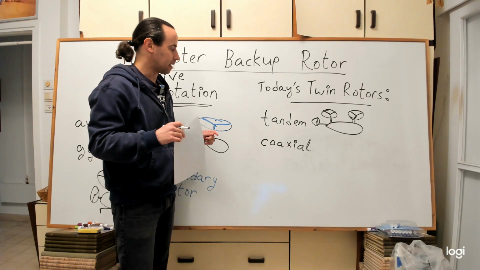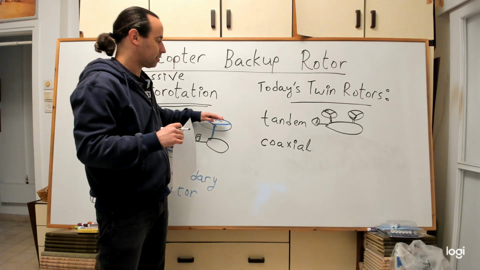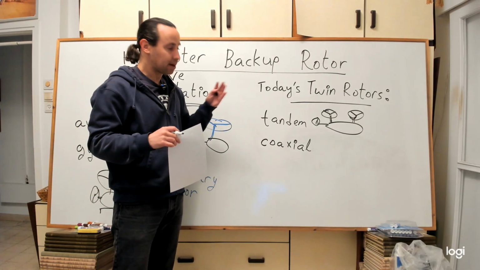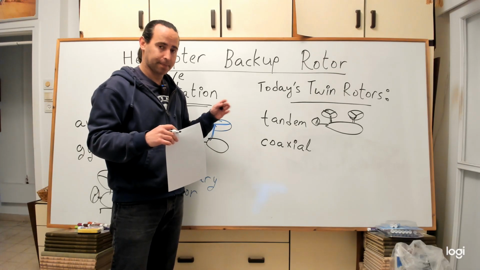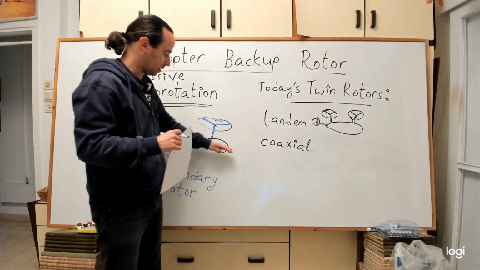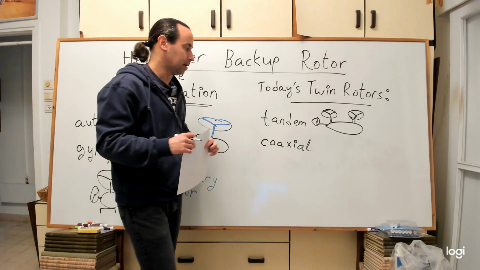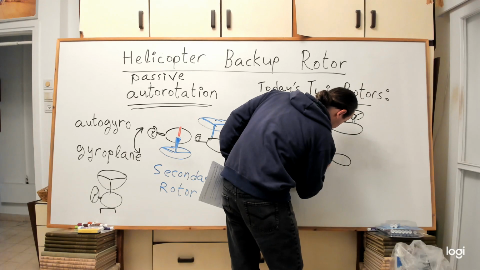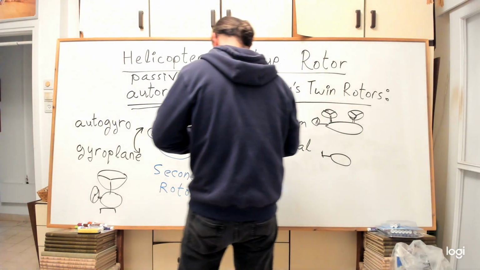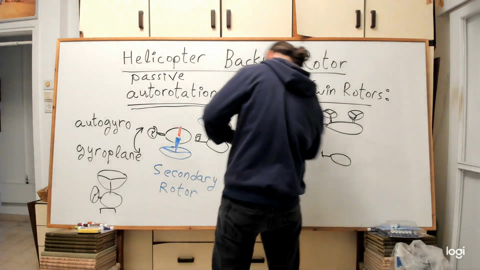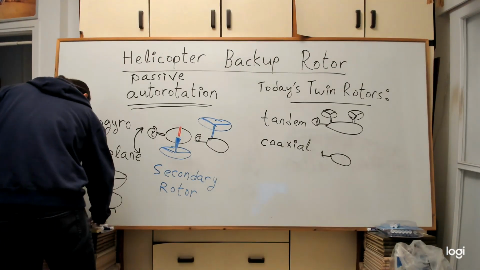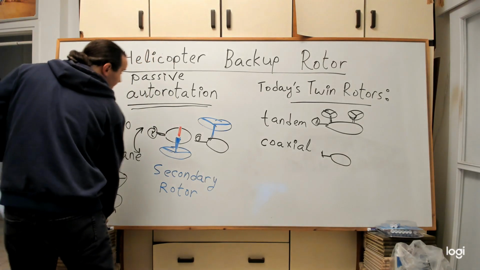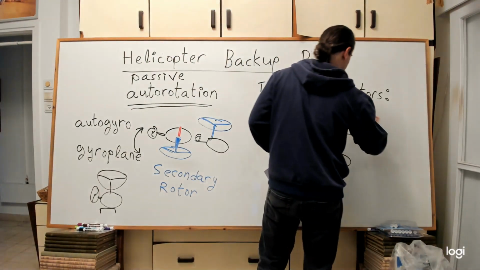But they are one above the other, but very close. They are both above the helicopter, the fuselage, the body of the helicopter. So there is a helicopter, and let's do this in color so it's more clear.